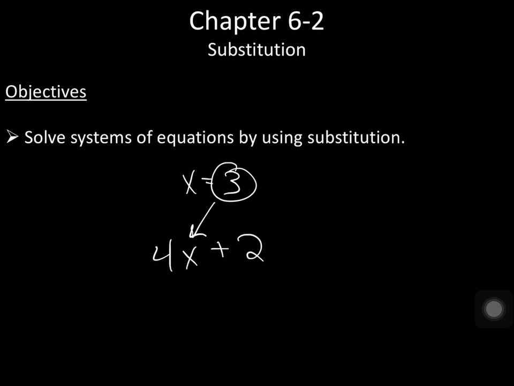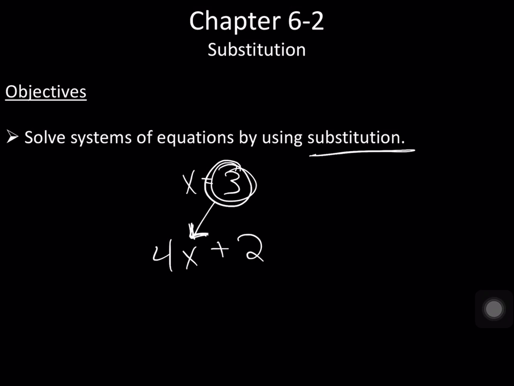So substitution says I know what something equals. In this case, x equals 3, and I can substitute into an equation or an expression, and I can simplify or I can solve. All right, so that's the idea behind substitution. We're simply going to know what something equals, and we'll substitute.